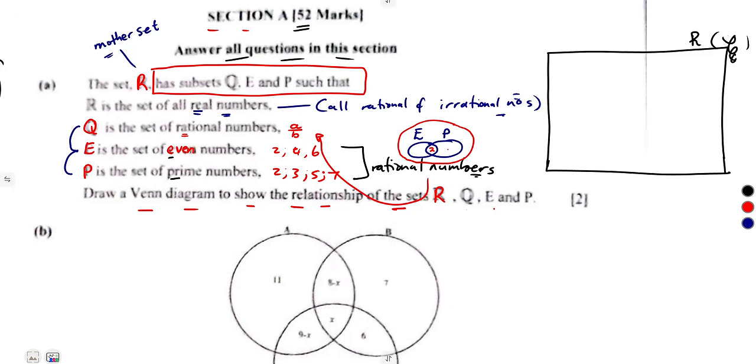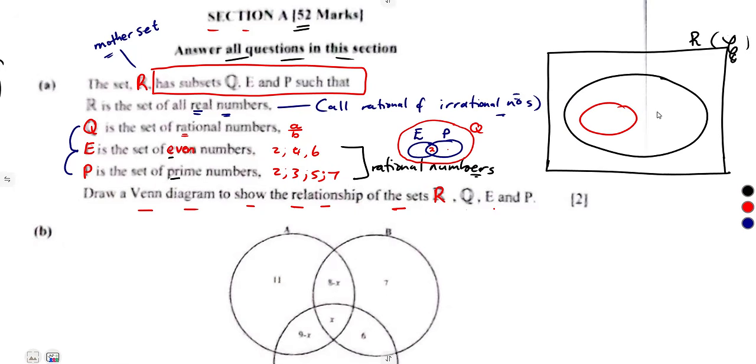So Q becomes the mother set of these two sets, or it contains these two sets. So that was the simple application that you can apply: the set Q, but inside the set Q, there are two sets which are intersecting, E and P, and this is our set Q, and R being the mother set. That was the easier path that we can use.